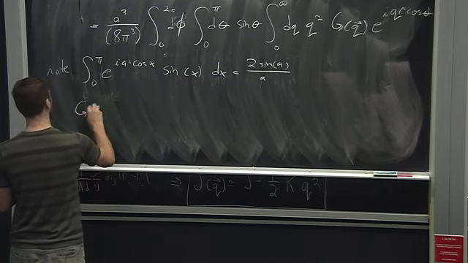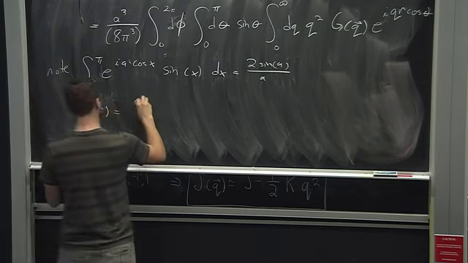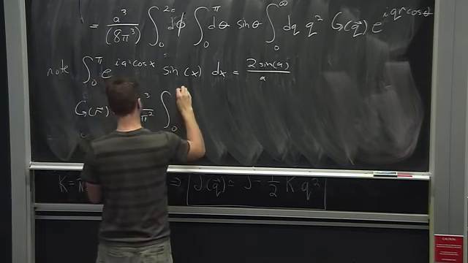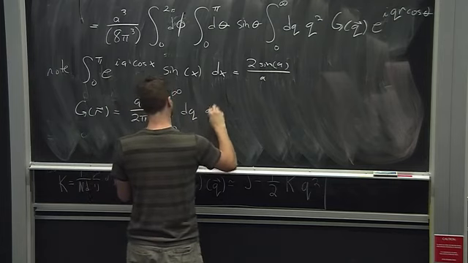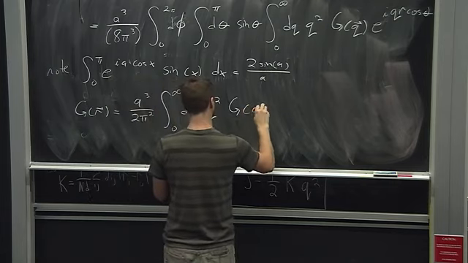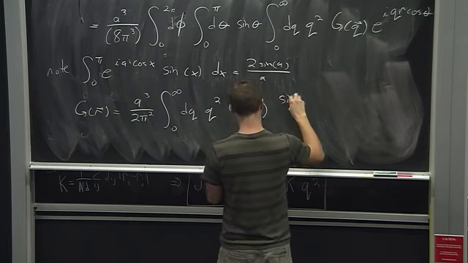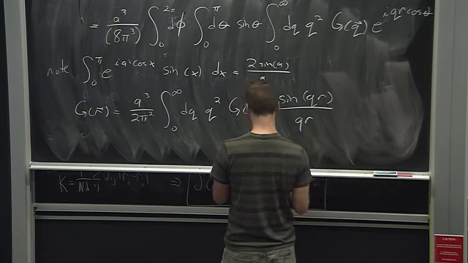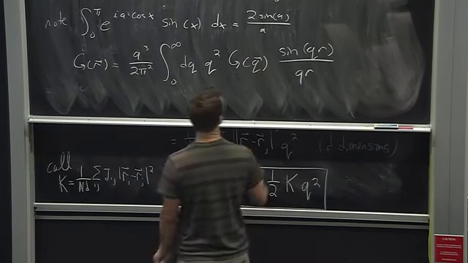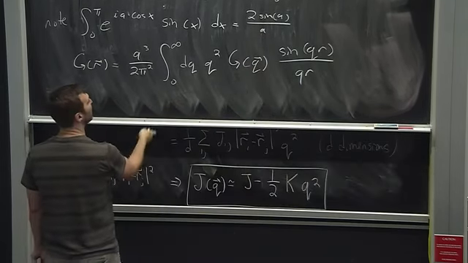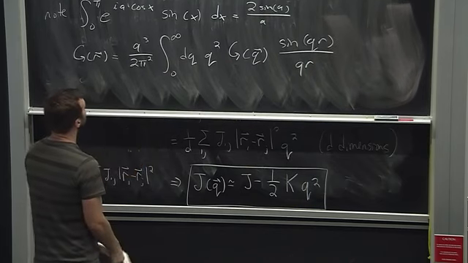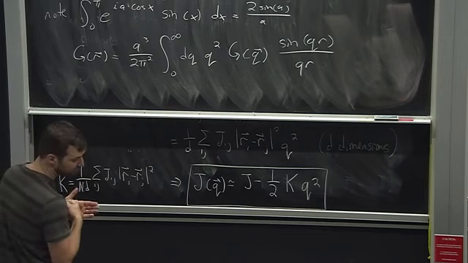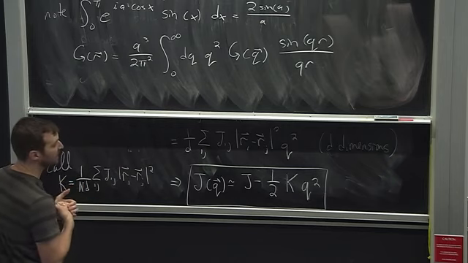So then G of r, and I pulled out the phi integral. What do I do now?